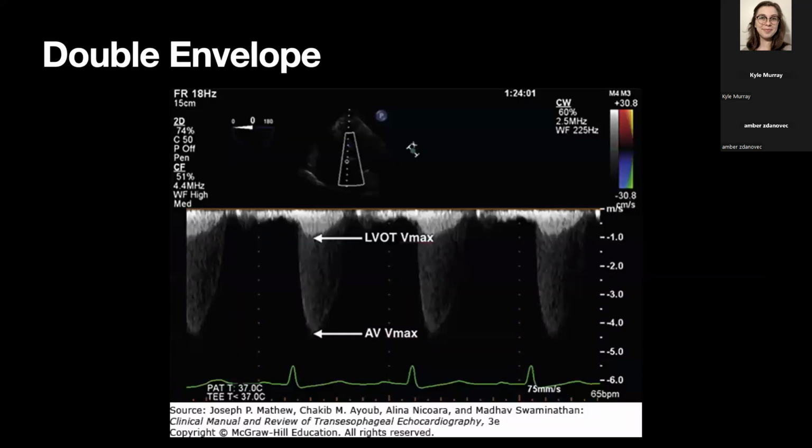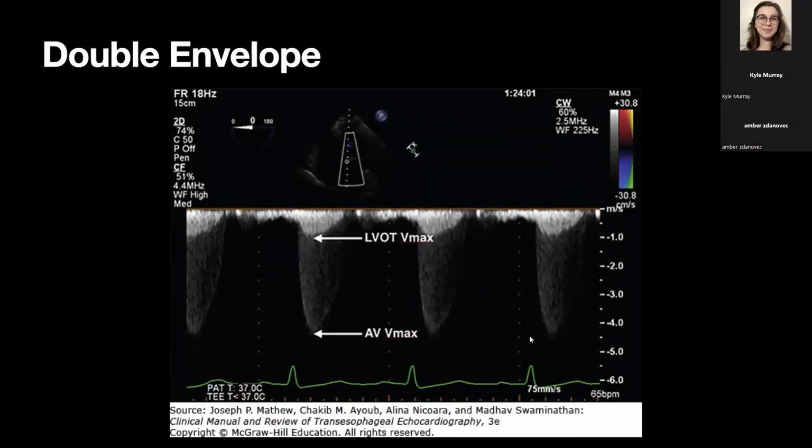And then another thing you might notice when you're doing continuous wave Doppler is something sometimes called a double envelope. You might have an extra shaded in area and then a more faint area. That extra shaded in area is going to be representative of your blood flow through the LVOT, and the fainter area is going to be the aortic valve.